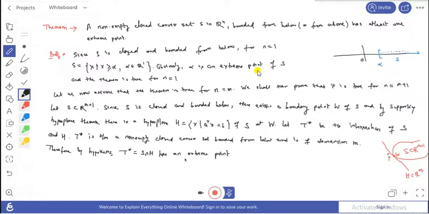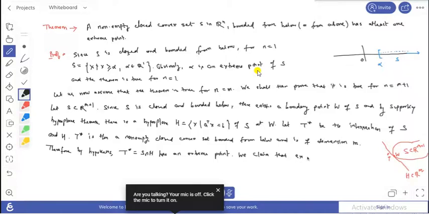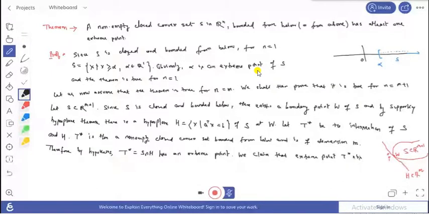By hypothesis, it has an extreme point, and now we claim that this extreme point of T star is also an extreme point of this set S. Here we claim and try to prove that this is true.